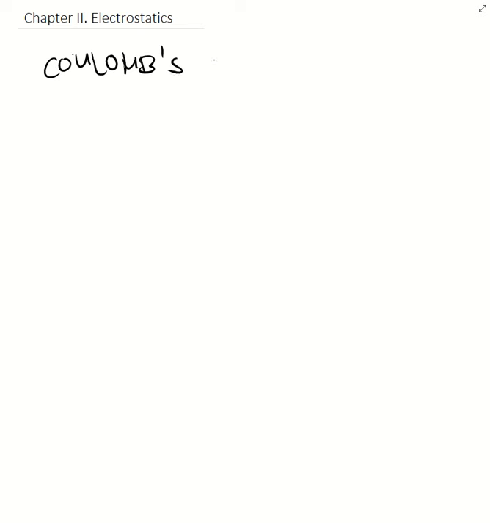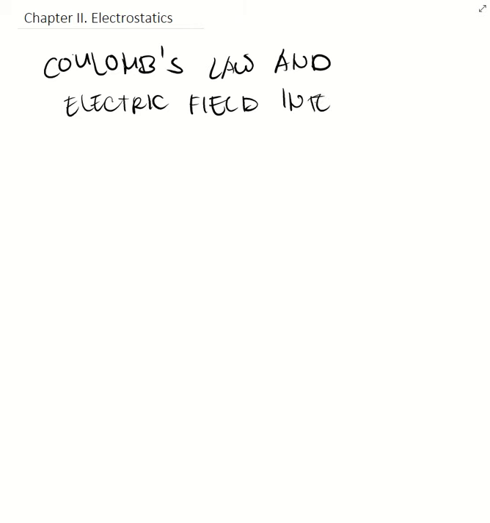Coulomb's Law and electric field intensity. So this is now the start of the actual electromagnetism.